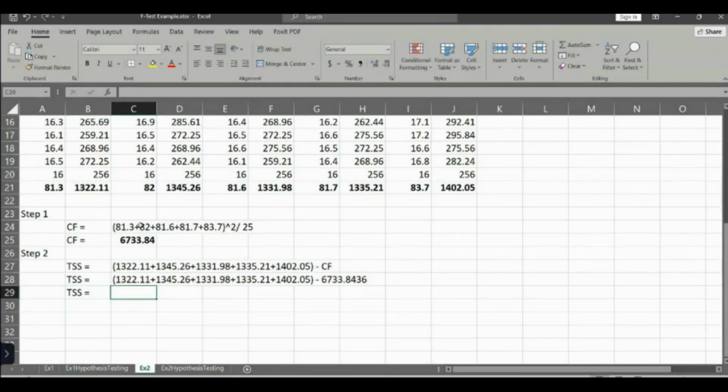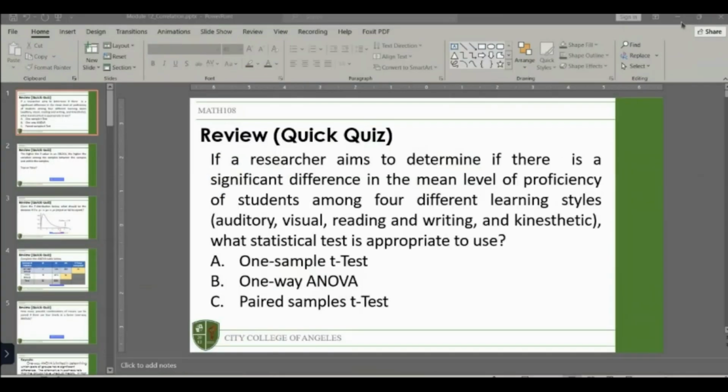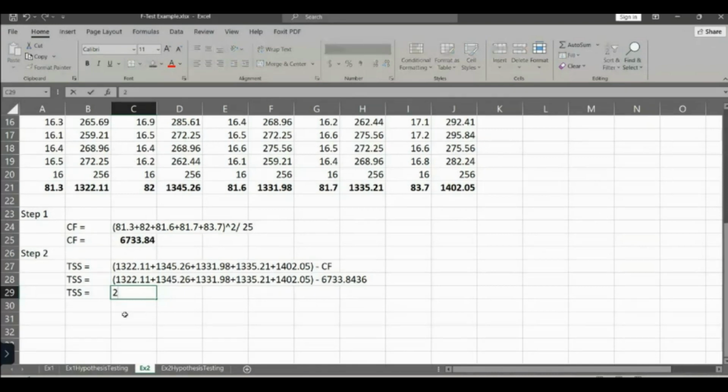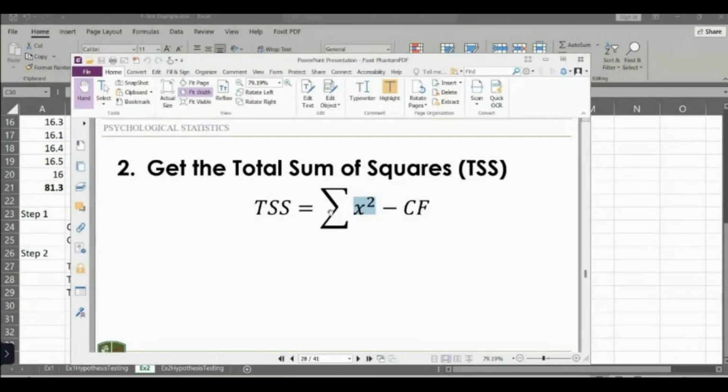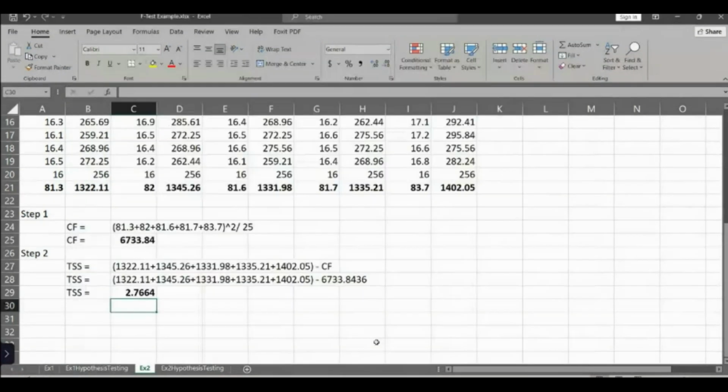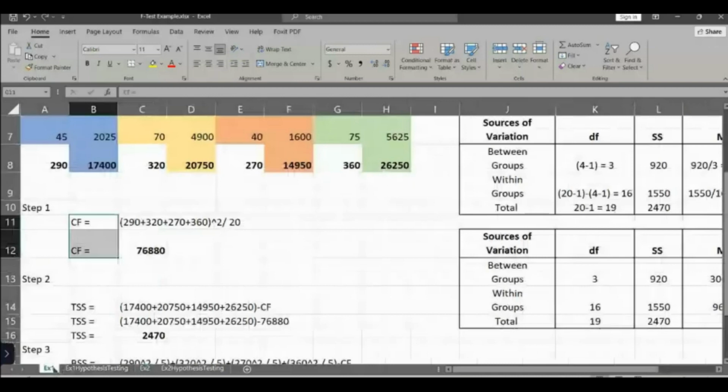I calculated 2.7664. Please confirm. 2.7664. Okay, the summation of x squared minus CF. Let's check the first example.